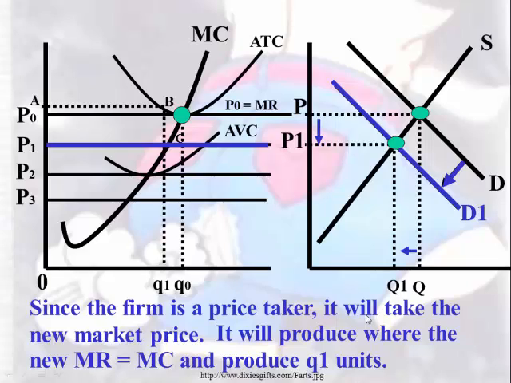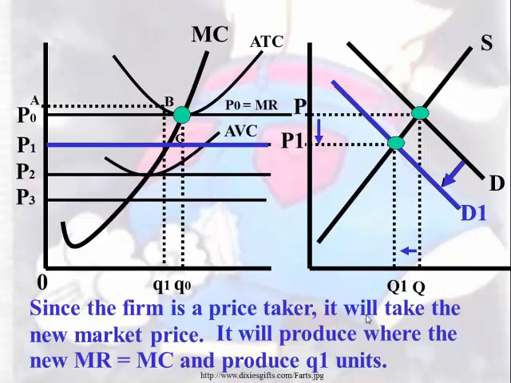We know now that the individual farmer is going to produce Q1 units, wherever the price or MR, this is the new MR, is equal to MC. At this point, point C now, what is the area of total revenue at Q1 units?